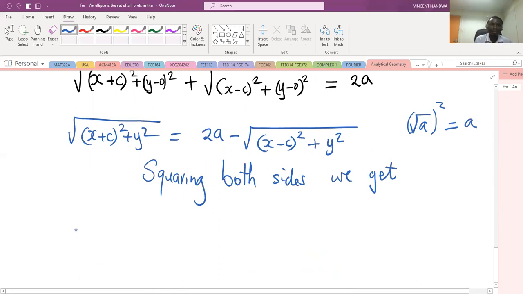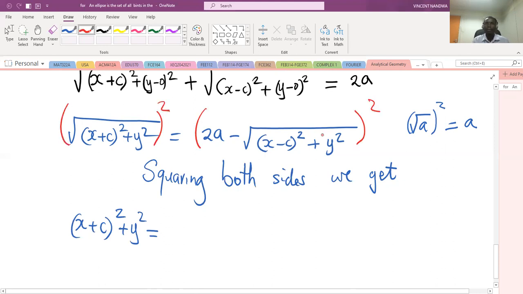So this one will just give me (x plus C) squared plus y squared equals, now we are squaring this part here.